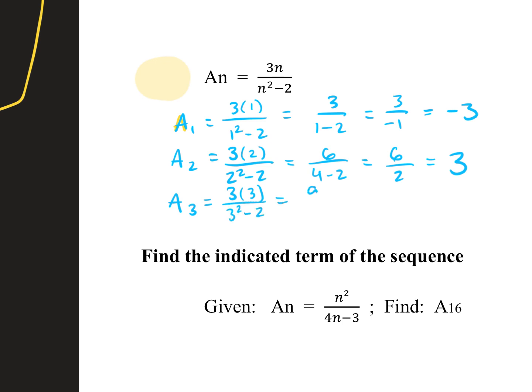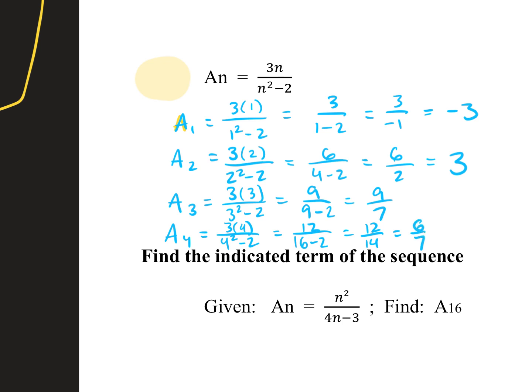This would be 9 over 9 minus 2 would be 9 over 7. And then a sub 4, we plug in 4. 3 times 4 over 4 squared minus 2 would be 12 over 16 minus 2. 12 over 14, which would simplify to 6 over 7.